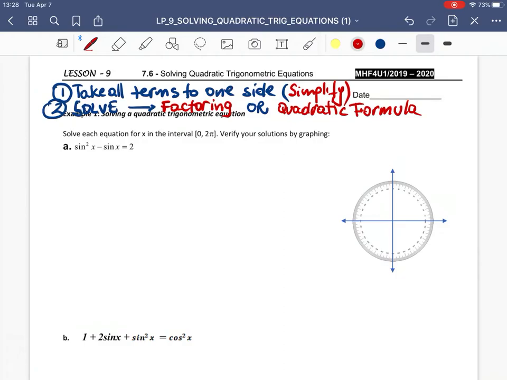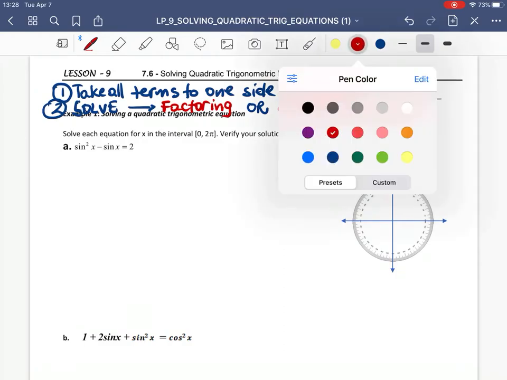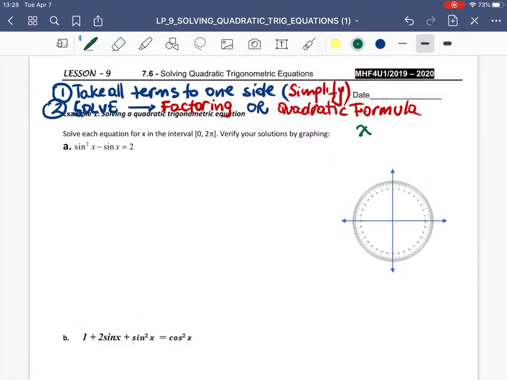I'm pretty sure you remember the quadratic formula, but I'm just going to write it here on the side. The quadratic formula is x equals negative b plus or minus the square root of b squared minus 4ac, divided by 2a. So let's move on to our first example.